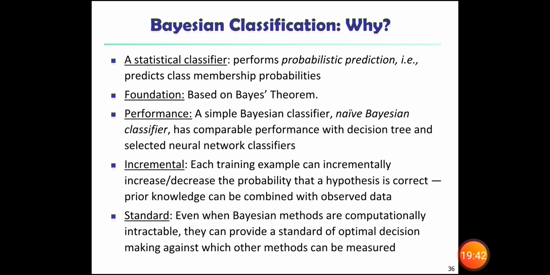And the standard: the Bayesian classifier is a standard one. Even when these methods are computationally intractable, they can provide a standard of optimal decision making against which other methods can be measured.